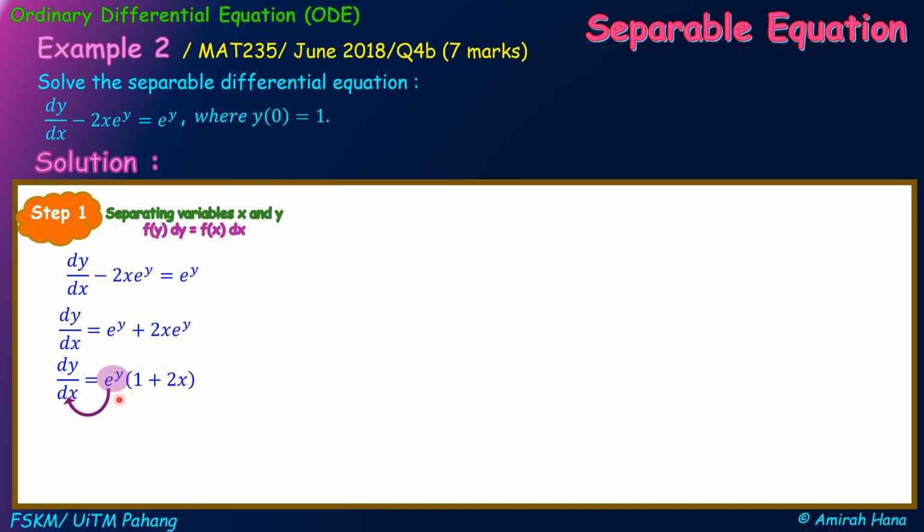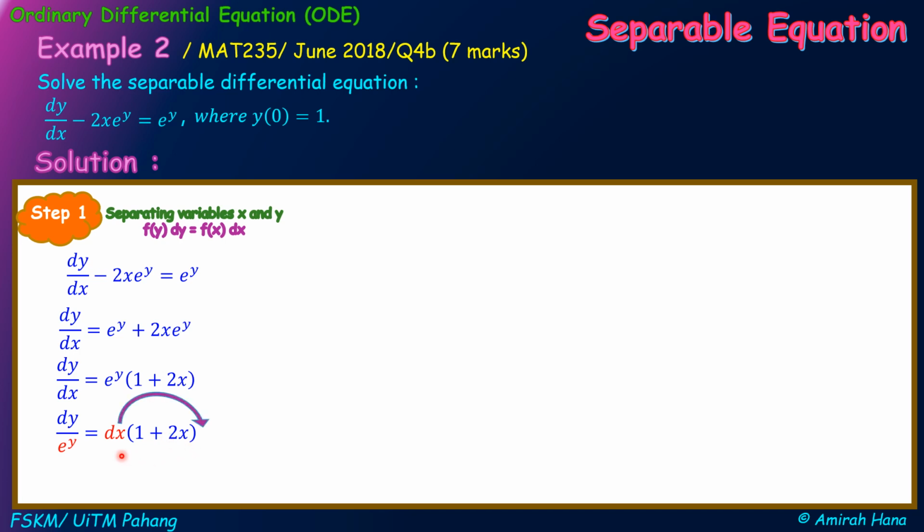After that, we can move e the power of y to the left hand side. At the same time, we can move denominator dx to the right hand side. So we just exchange e the power of y and dx. We have dy over e the power of y, and dx times 1 plus 2x.